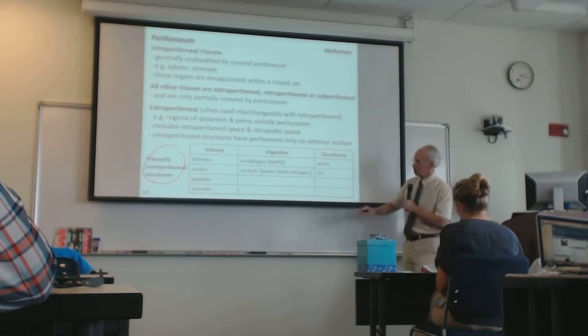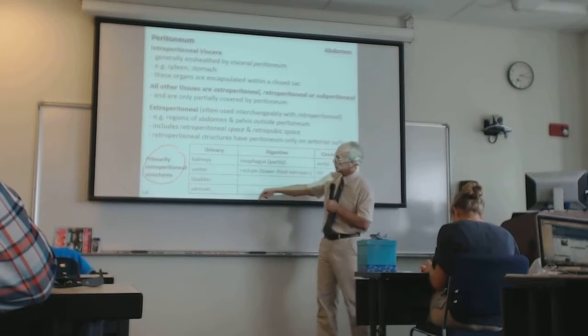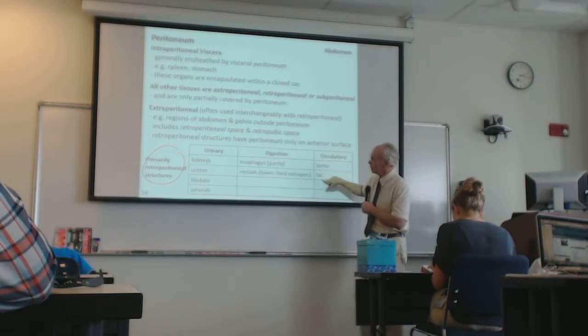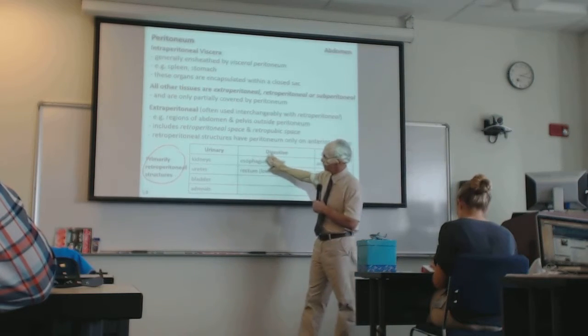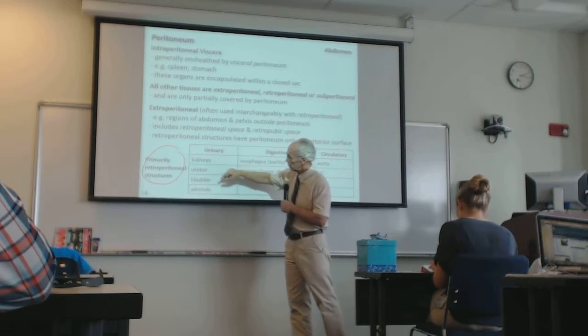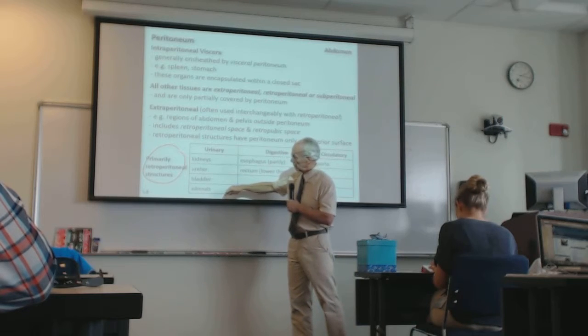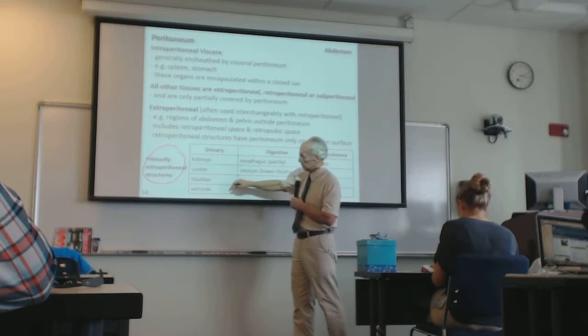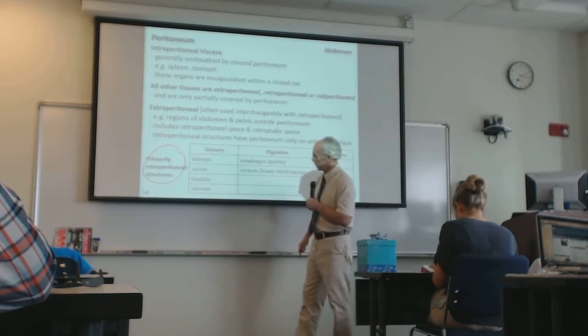So there's a variety of possibilities here, but in particular, pay attention to this. We'll talk about the GI tract later, but the kidneys are retroperitoneal, the ureter. In fact, you saw that in that anterior wall image we looked at earlier.